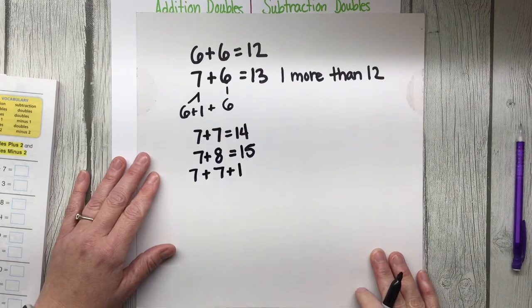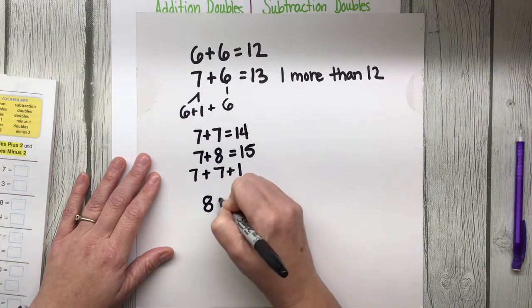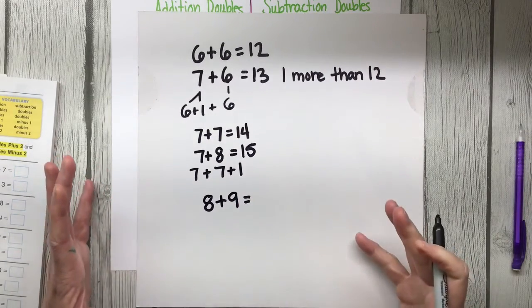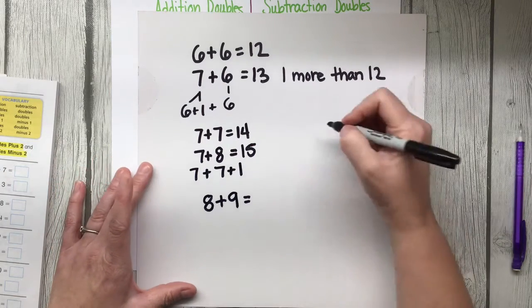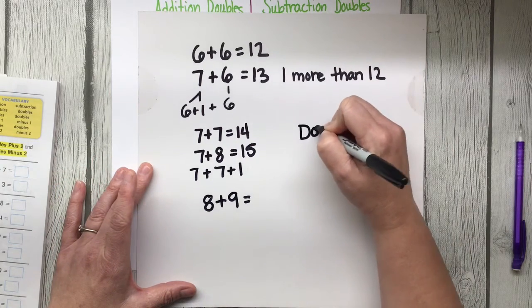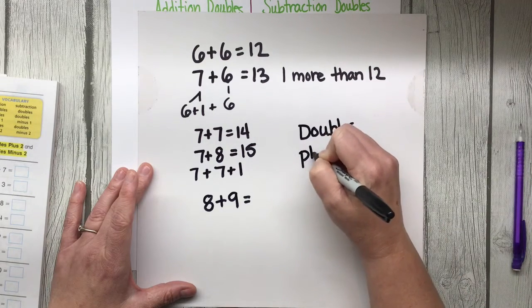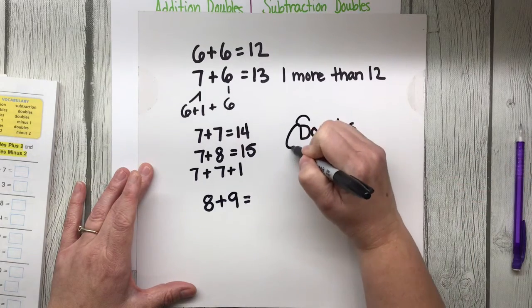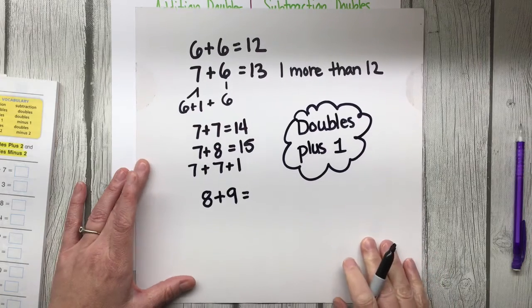Let's look at 8 plus 9. If we're doing doubles plus 1, which is what this is called, that's what we're talking about today, using this strategy.